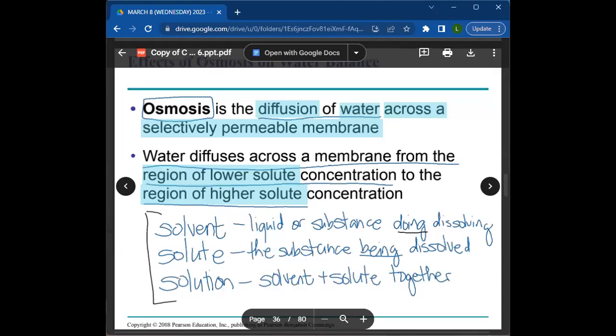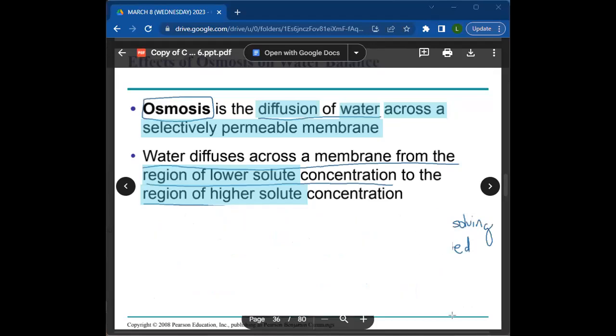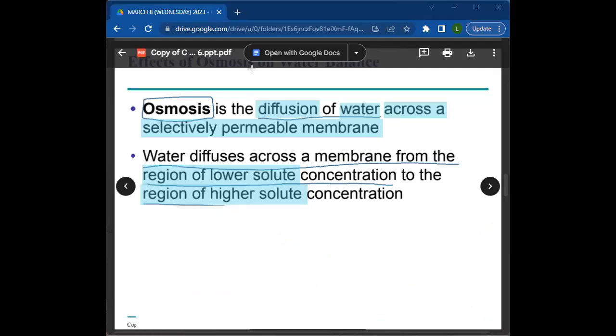Now, if you're confused and thinking, wait a minute, isn't diffusion from high to low? One thing you need to know is that low solute is the same thing as a high water concentration. Think of it this way. Let me draw a picture really quickly. If I have some water, I'll try and draw water molecules as blue dots, and then I'll put the solute as black dots.